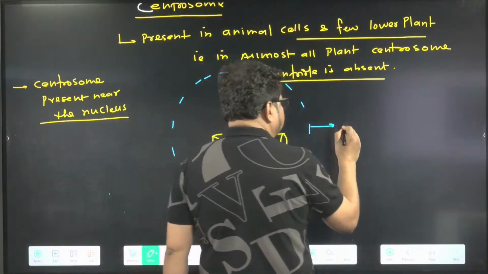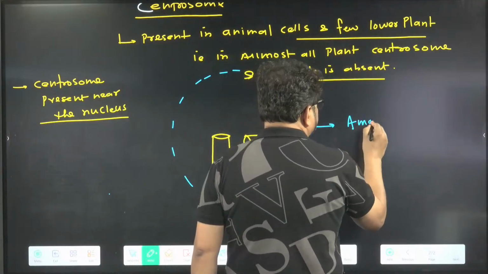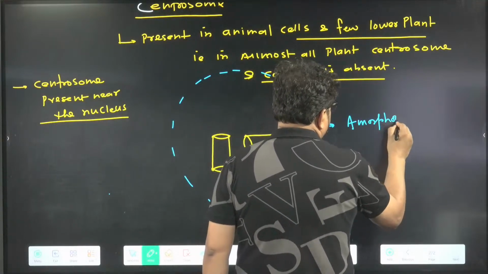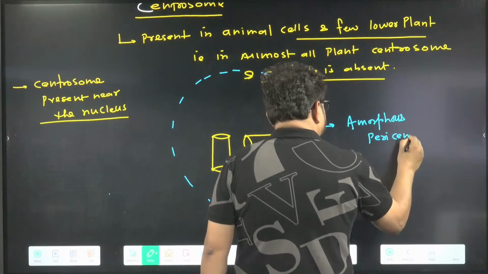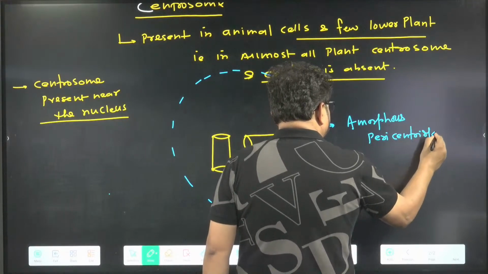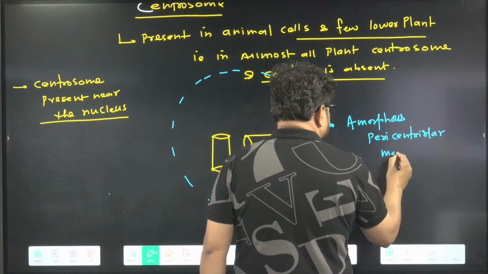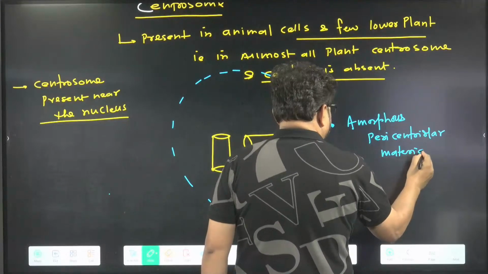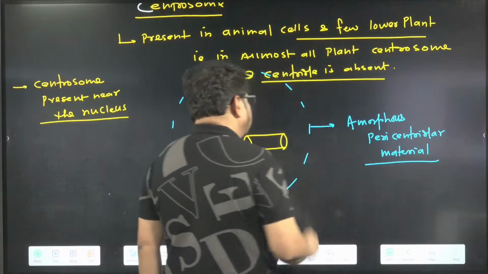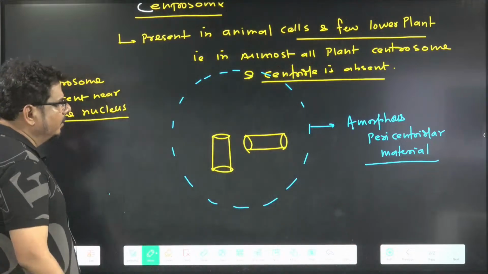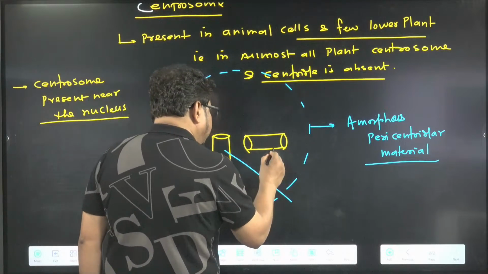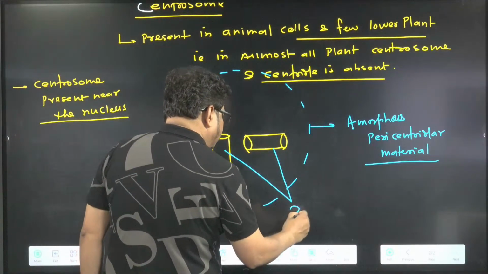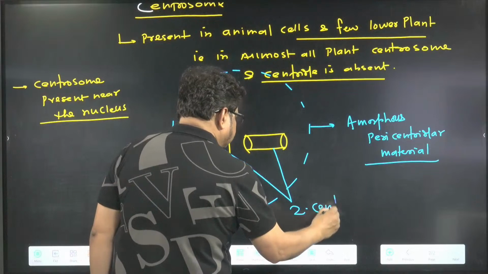So it is amorphous pericentriolar material, and this is the two centrioles.